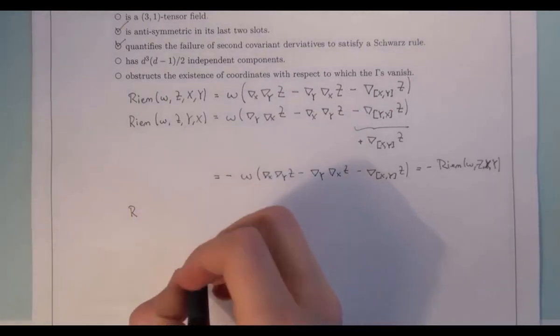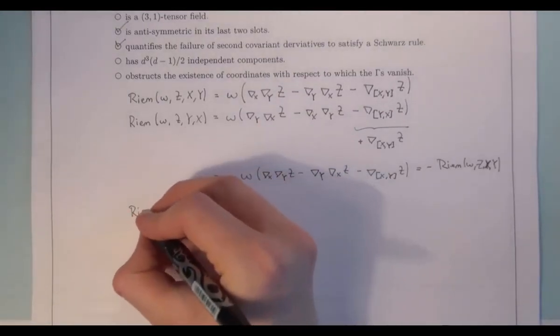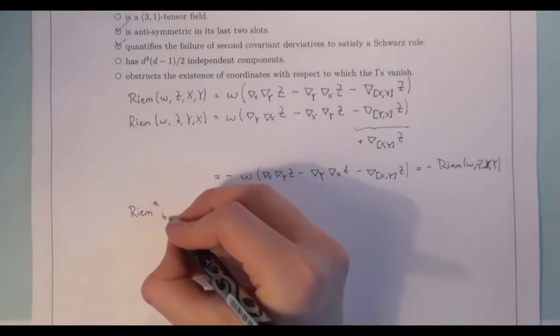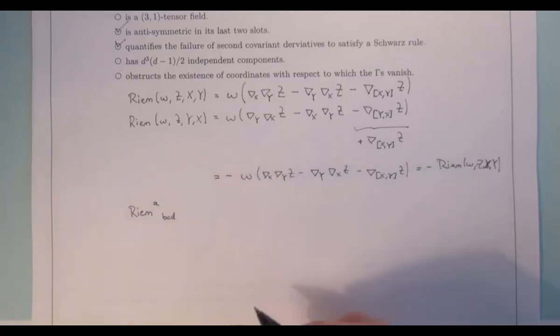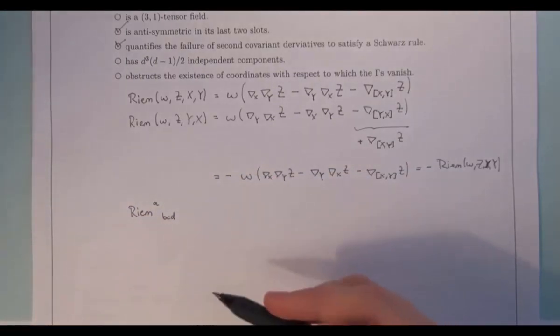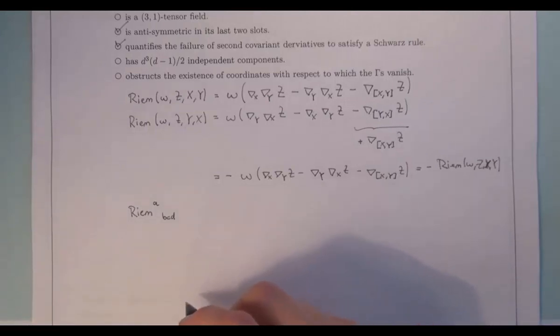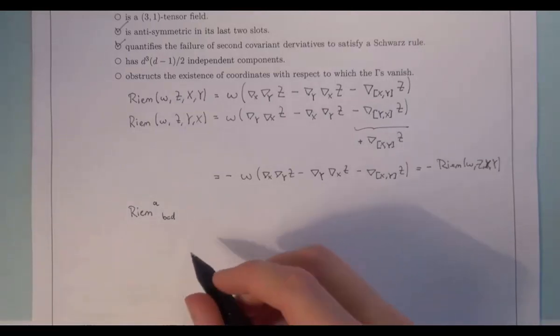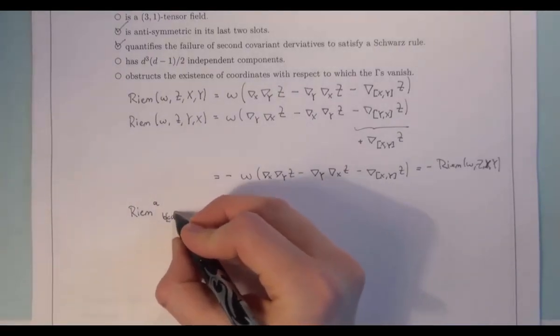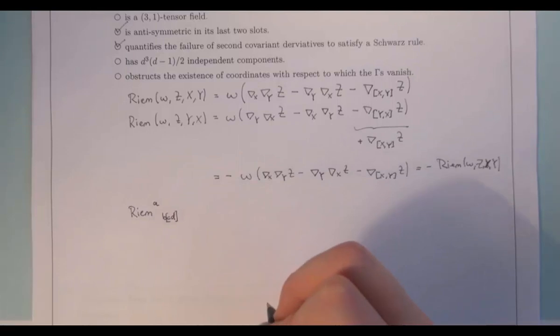So we know that the Riemann curvature is a 1-3 tensor field. So it has indices A up and B, C, D down. And now we already showed in the second question that it is antisymmetric in these two indices, in these two slots.